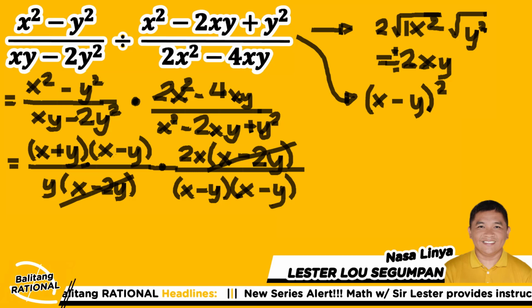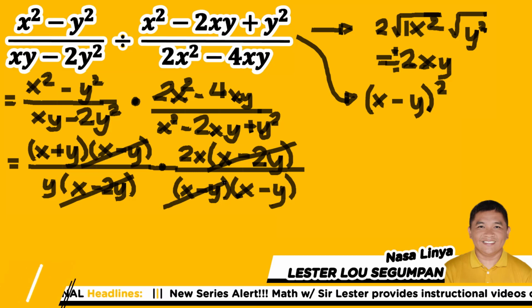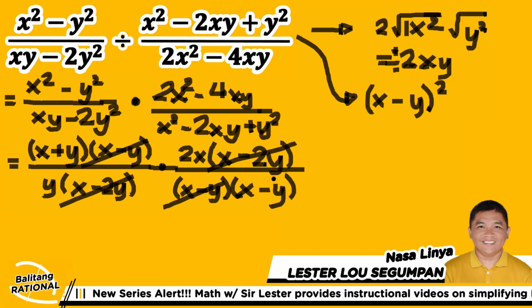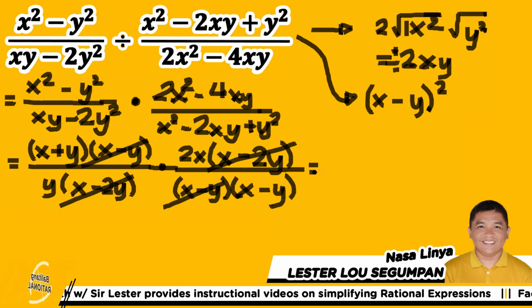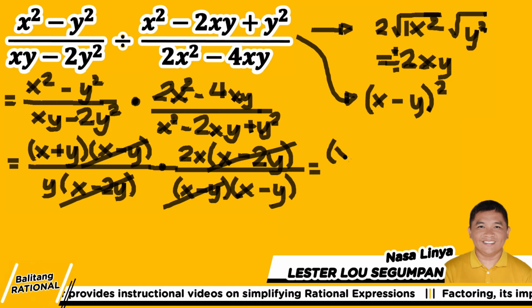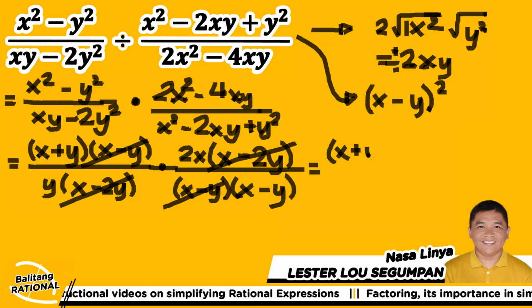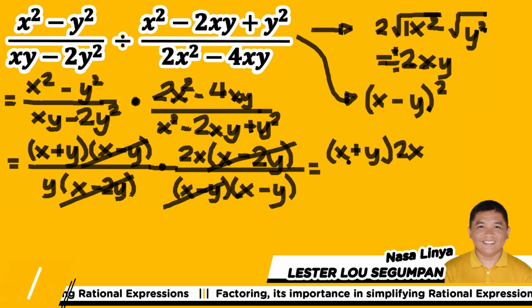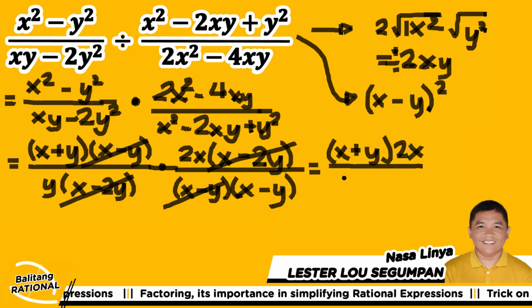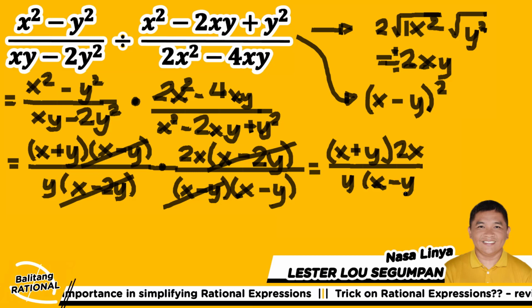We can also cancel this in one of the binomials here at the bottom, and since there are no other terms that are similar, our final result is the product of x plus y and 2x for our numerator, and our denominator will have y times x minus y.